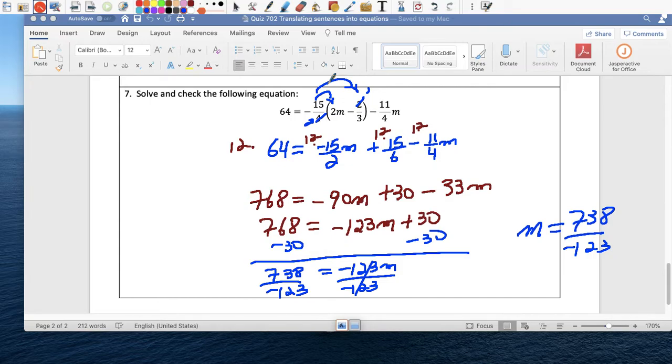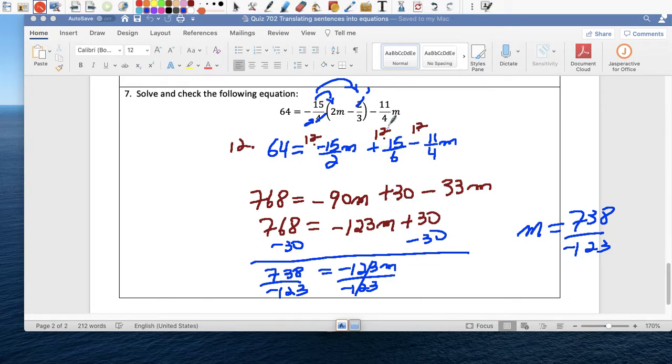Negative 15 over 2: 12 times 15 is 90, divided by 2, so I'm okay there.